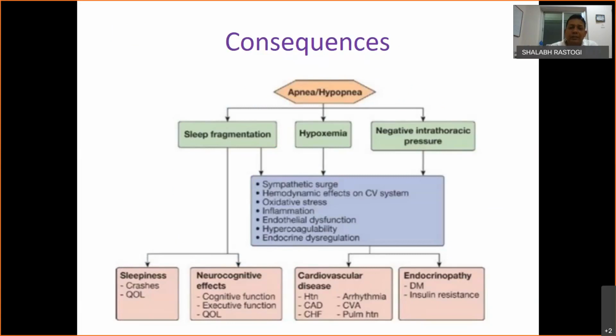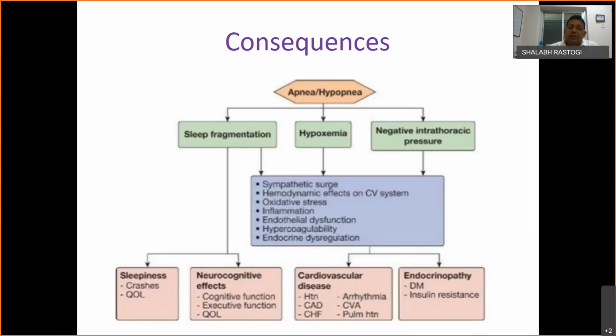All these things, the sleep fragmentation, cause neuropsychiatric problems, neurocognitive problems, and decreased sleep. Altered, disturbed sleep results in poor concentration and a tendency for accidents. The hypoxemia and the intrathoracic pressure changes cause increased sympathetic activity.